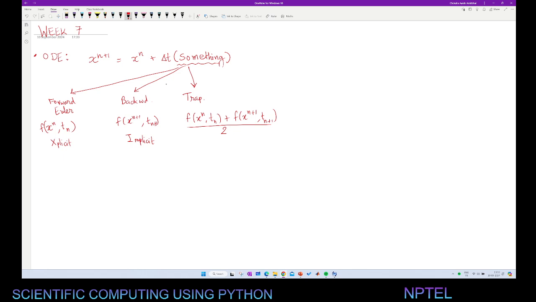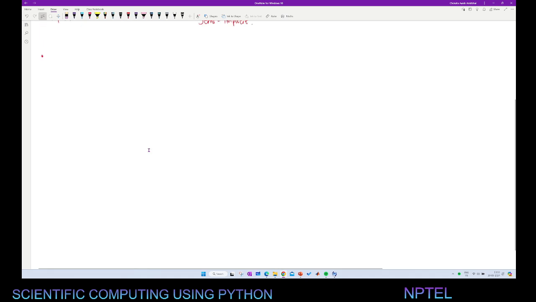And this one has both explicit and implicit terms, so it's semi implicit. So these were our first order methods.